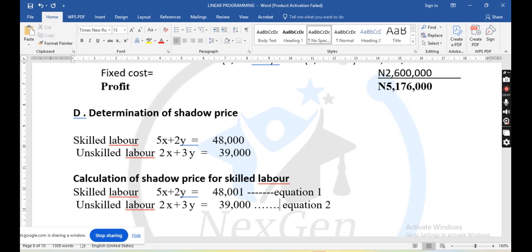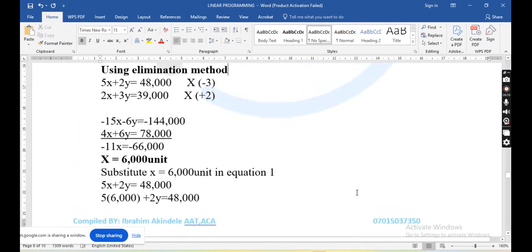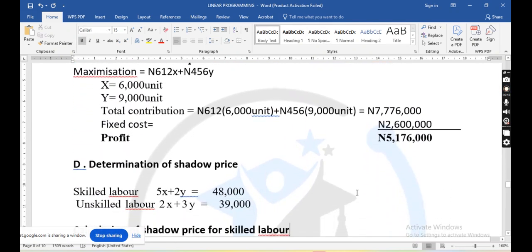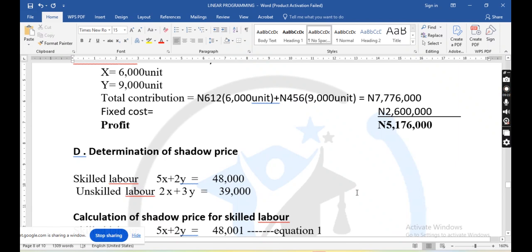Now, we've already increased this by 1. What will be the unit? So we need to multiply. What did we use to multiply that time? Minus 2. So we need to do it again. Multiply by minus 3.